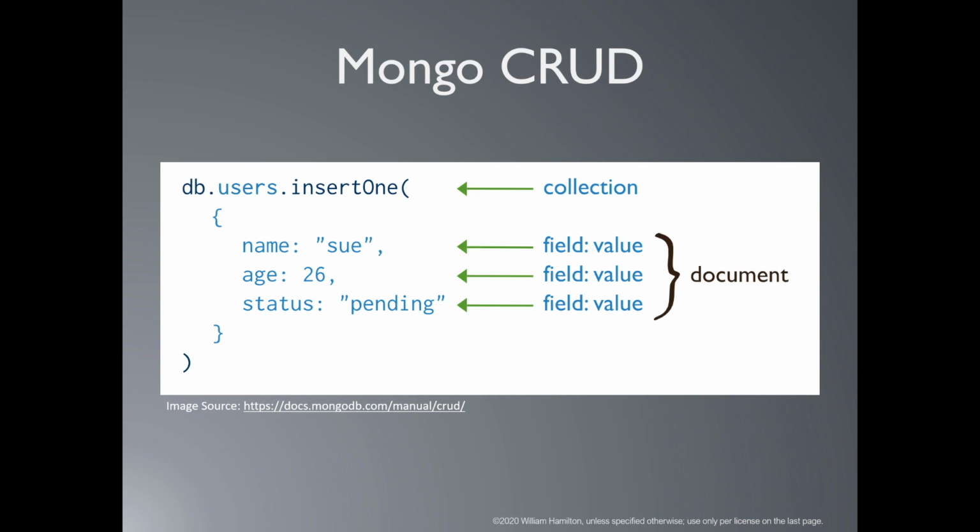So we have our database, we have the collection users, and then we call insertOne to insert this new document. This document is simply noted as this object where we have these field value pairs, name, age 26, status pending, and that just goes right into our collection. So that's pretty straightforward.